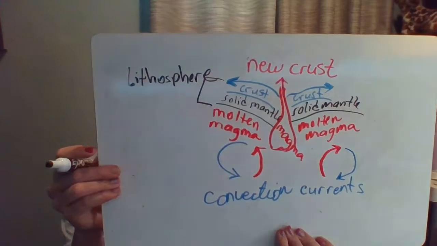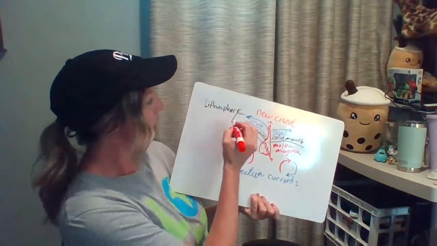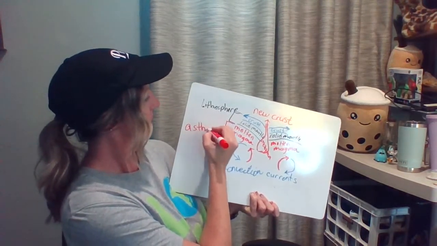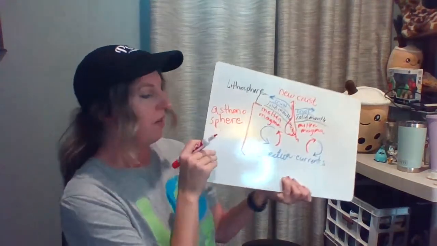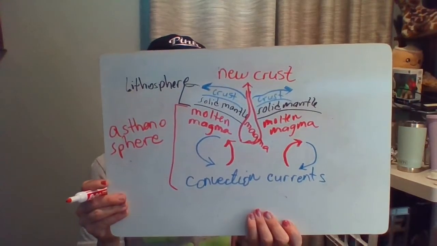Next, I'm going to grab my red. That's going to be your asthenosphere. Where you have your molten magma and the convection currents making the plates move.